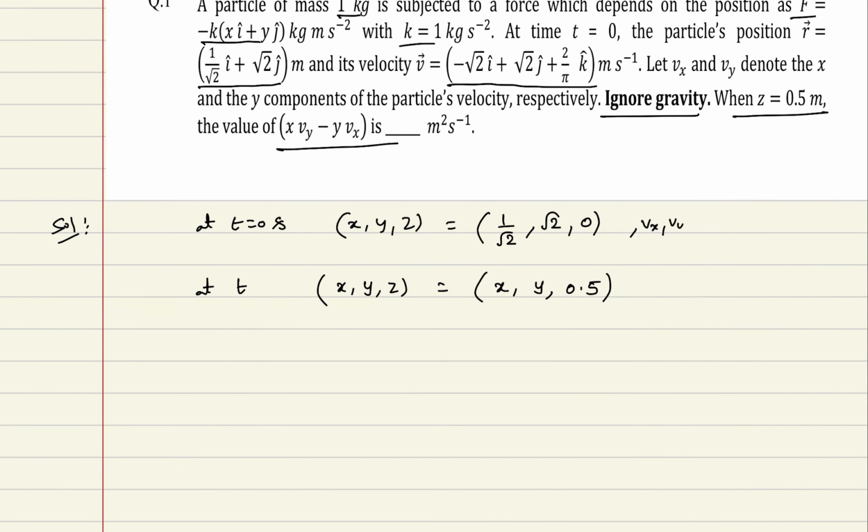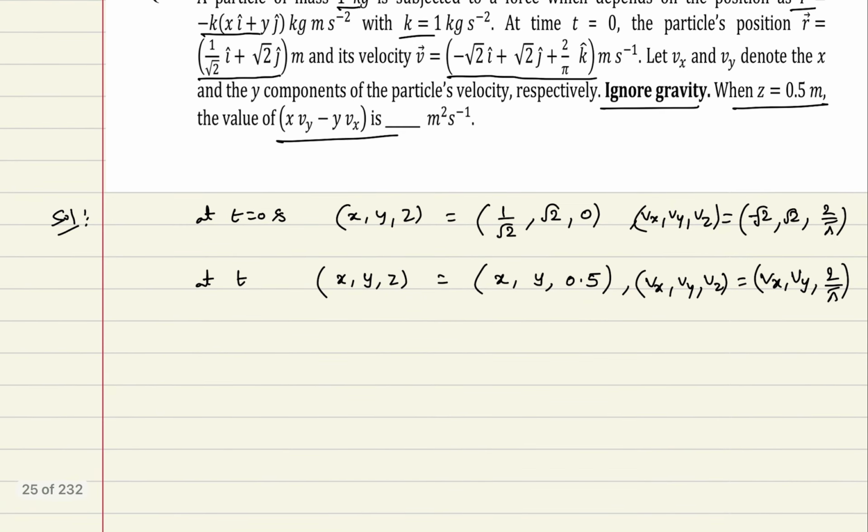The velocities Vx, Vy, Vz are minus root 2, root 2, 2 by pi. At any time t, Vx, Vy are general, and Vz remains the same, 2 by pi. Why? Because they are giving the force along x and y components only.